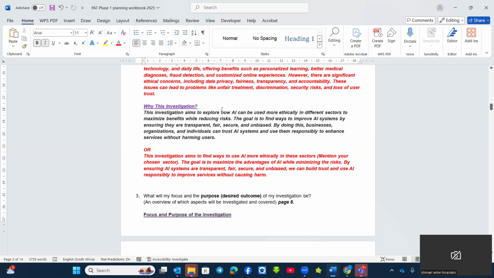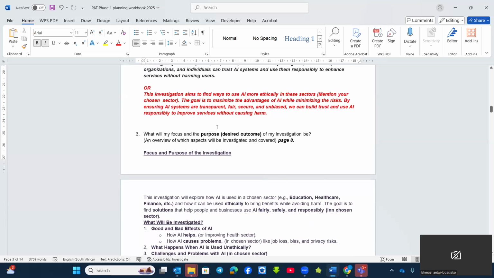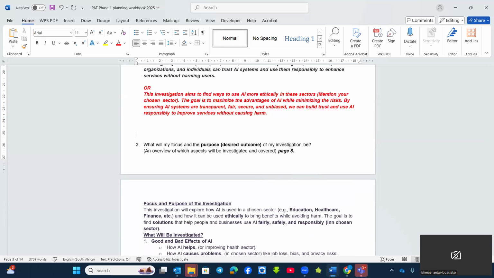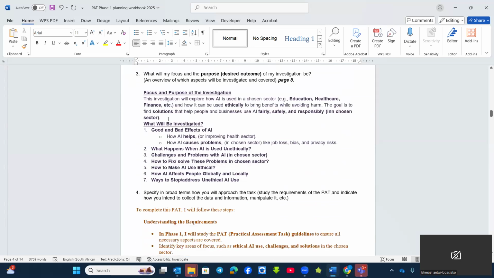So here we are talking about the reason why you are doing the investigation. You talk about investigating the ethically good way, and then you talk about the bad side and the unfair way also. Then after that, you move straight to the purpose of the investigation, the focus and the purpose of the investigation.